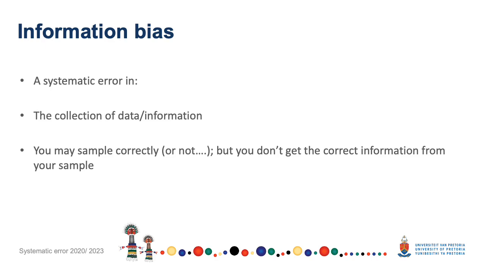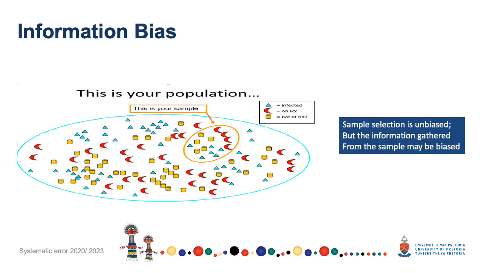You may sample correctly, but you don't get the correct information because you're not getting the right information from the people in your sample. So in this diagram, you see that now your sample is actually representative. You've got people of all different kinds in your study population included in your sample. The problem now arises that maybe you're not going to get the correct information from your unbiased sample.